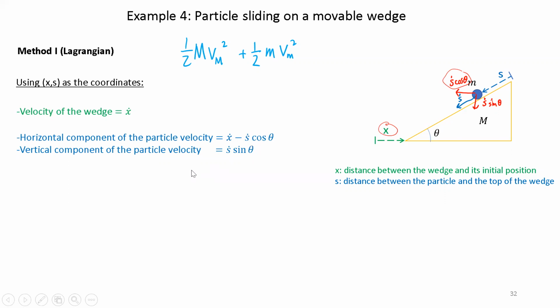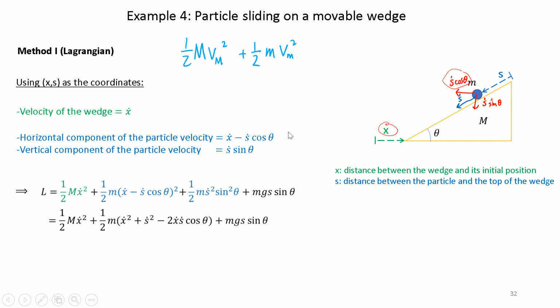The next one, the vertical component of the particle velocity, is just this s dot sine theta. Then we have the kinetic energy, and the potential energy is still simple enough, because I just need to consider how far it has fallen from the top edge.